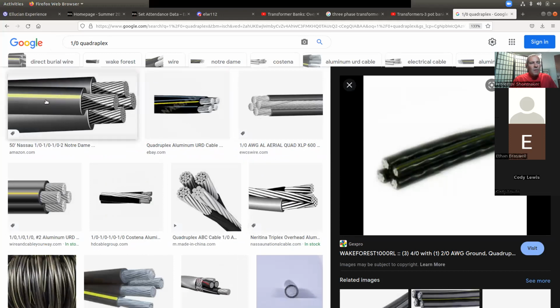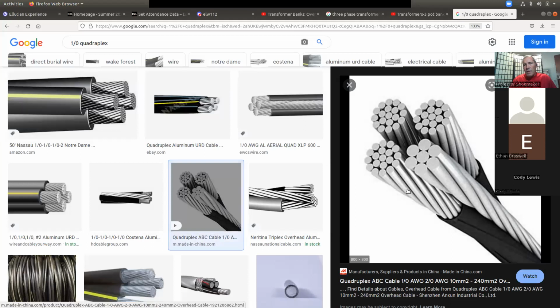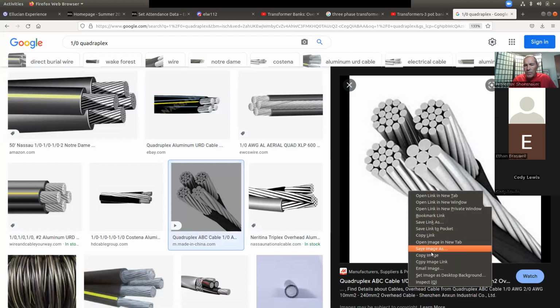Anytime that you see a yellow and a covered neutral, that's underground conductor. Anytime you see a bare neutral like this, that's overhead conductor. There's a couple different methods that go on here. I think this one actually shows it. It does. Show open image, new tab.